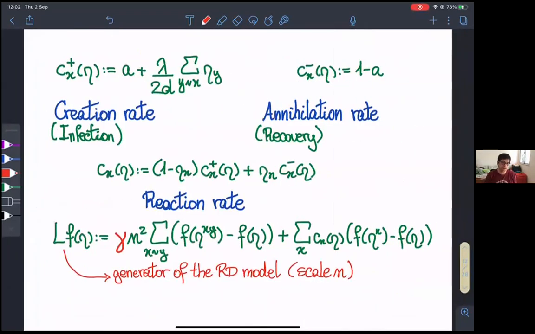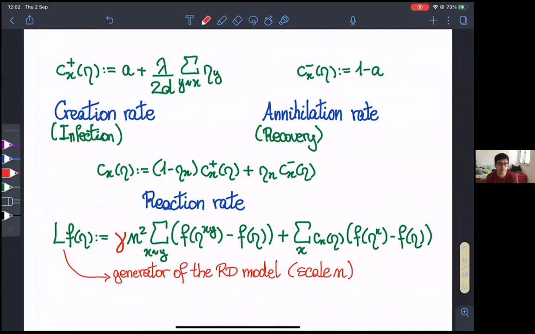Let's just recall that we defined some creation and annihilation rates. This creation rate was inspired by the SIS model, so it's the rate of infection. We took it equal to A plus lambda divided by 2d times the sum of eta(y) over y neighbor to x.